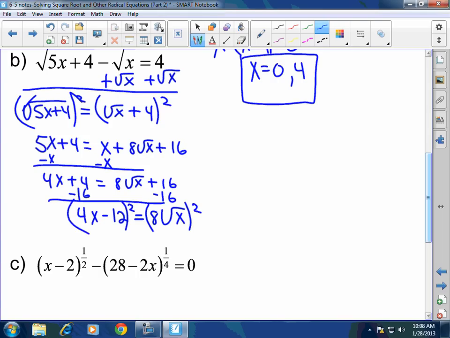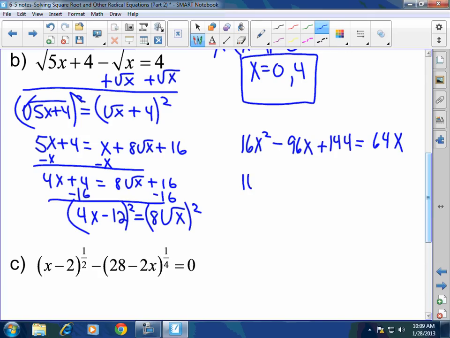Square both sides. So I'm going to get 4x minus 12 squared. Remember, it's the first one squared, in this case minus 2 times AB. So AB is 48x times 2. So that's 96x plus the last term squared, which is 144, equals 64x, because 8 square root of x squared is 64x.